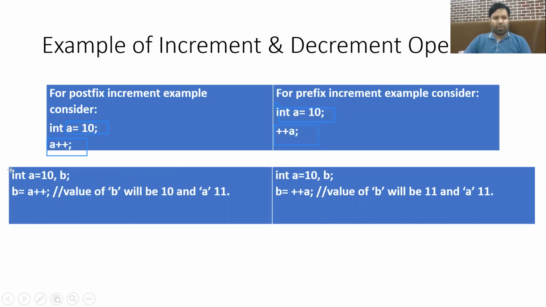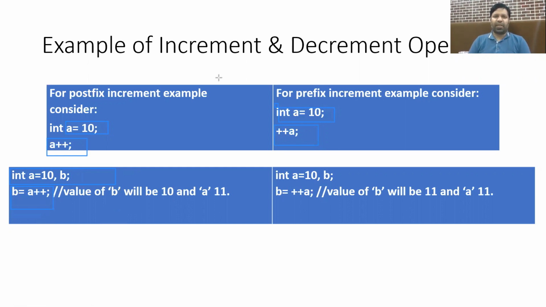Now let's have a look at how the difference comes when we try to assign its value. In table number 2, the first statement on the left hand side, we are assigning the value of 10 to a. So a becomes 10. Now comes the most important statement, b is equal to a plus plus. Now what will happen? Please remember one rule of thumb.